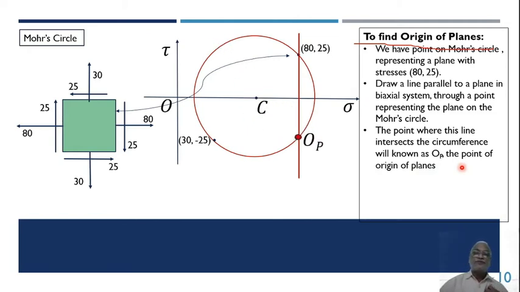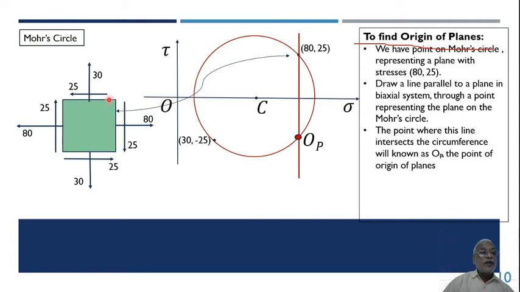That's all, right? You can say, why consider this plane? Why not consider the horizontal plane, and the point representing this plane is 30, minus 25? Yeah, you can do that. Now the point is here, the plane is there.